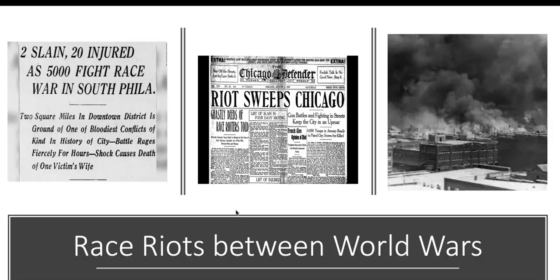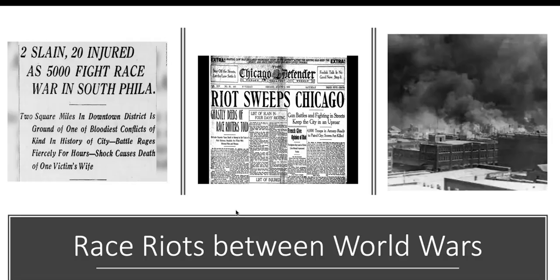The worst one was in Chicago, the Chicago race riot, where it started because the public swimming area of the city was segregated according to race, and one black child happened to accidentally swim over to the white area, and he was pelted with rocks. Of course, African Americans began to fight back against that.